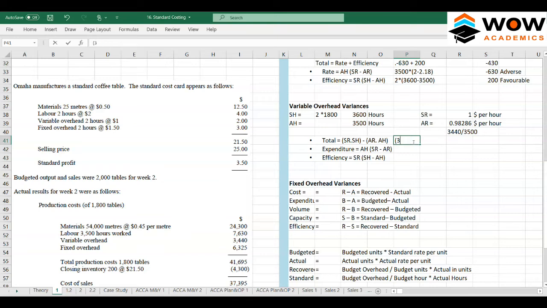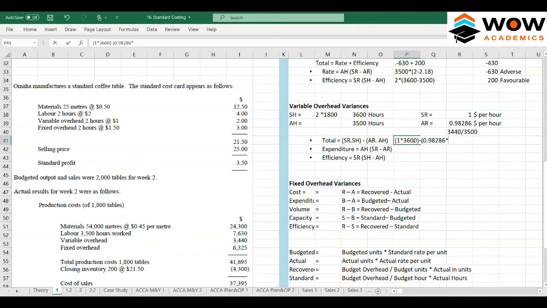SR is 1 into SH. Actually, after the decimal you can take 3 numbers, that's more than enough, but we'll get the right answer because sometimes they would have taken all the numbers.